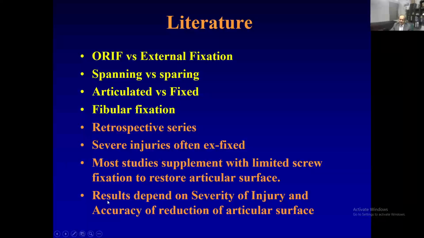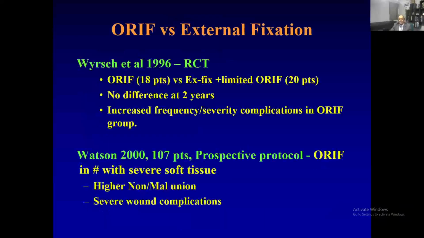As we know, like in any other fracture, the results here also would depend on severity of initial injury and accuracy of reduction of the articular surface, and that is what would determine the long-term results.